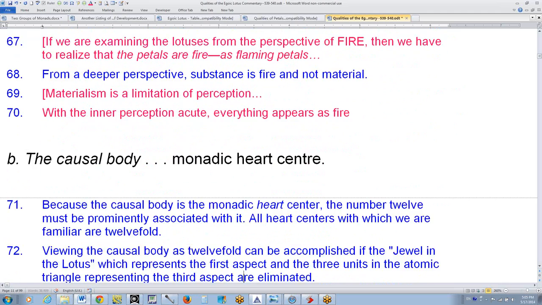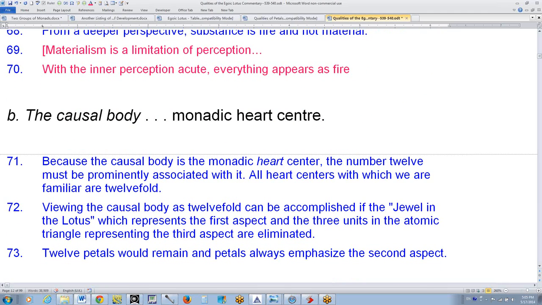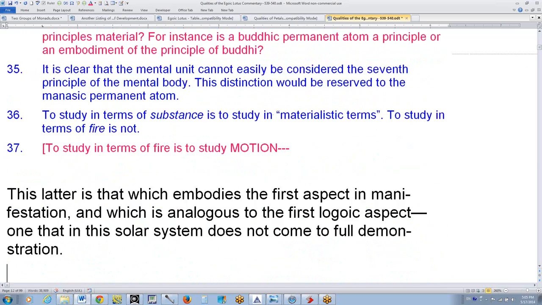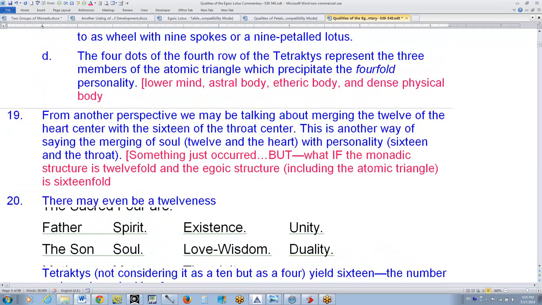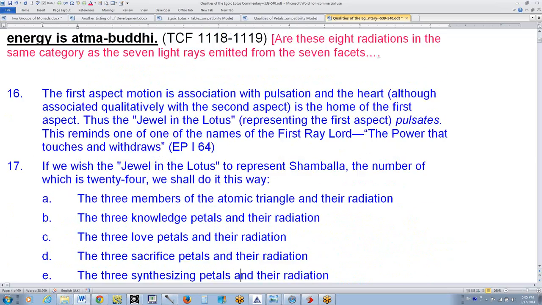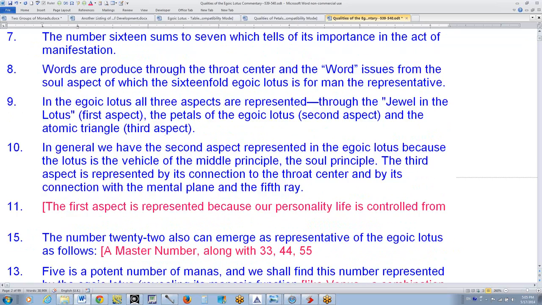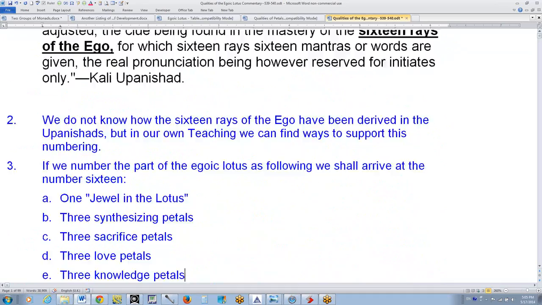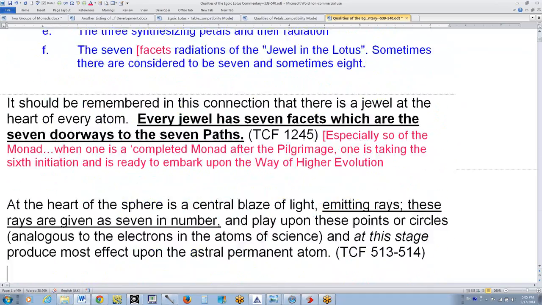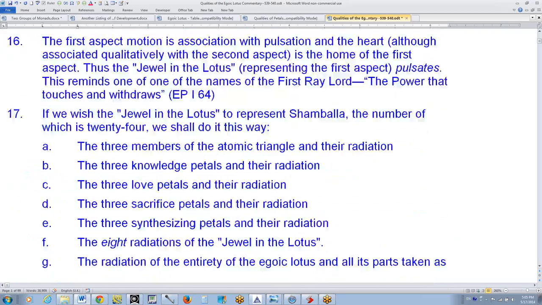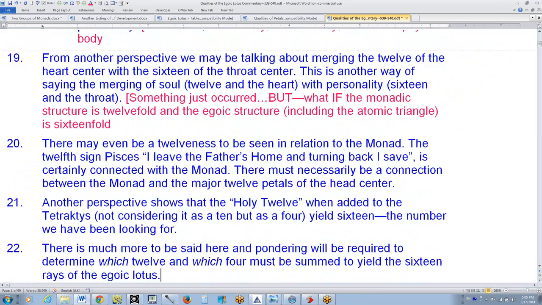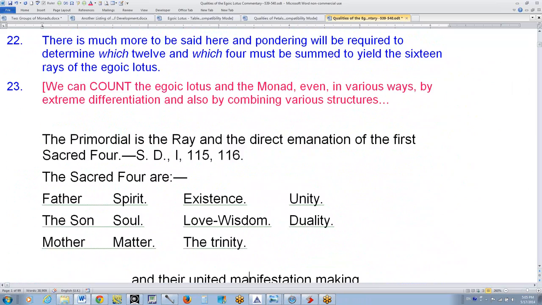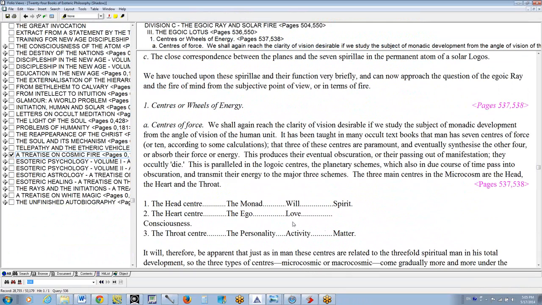Well, we finally made it to the place where we're dealing with the causal body as the monadic heart center. Point A above was what? Can I find it? Not sure I can. Let's see. Well, the best thing, of course, is to simply go to cosmic fire where we've been.